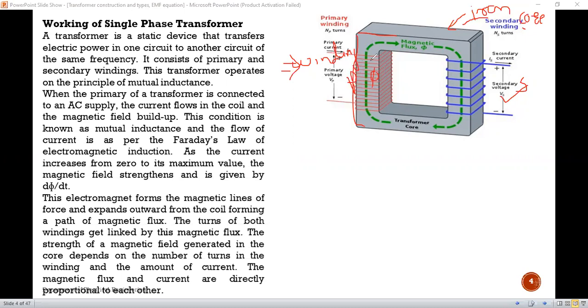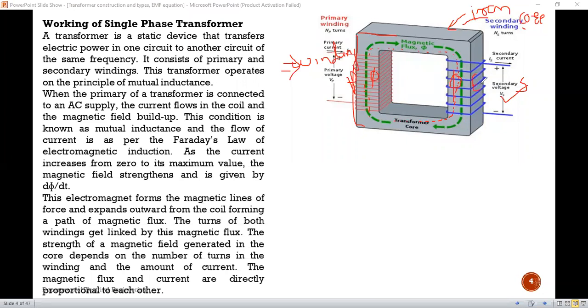Now see, this flux will travel in this iron core. This flux will travel in the iron core, and it will set up some flux in the secondary coil. So some flux will be set up in the secondary coil. Now according to the principle of mutual induction and electromagnetic induction, Faraday's law of electromagnetic induction, it will induce some EMF in the secondary coil.